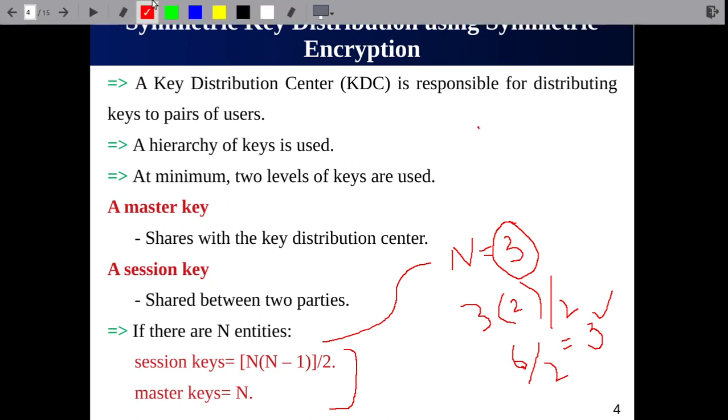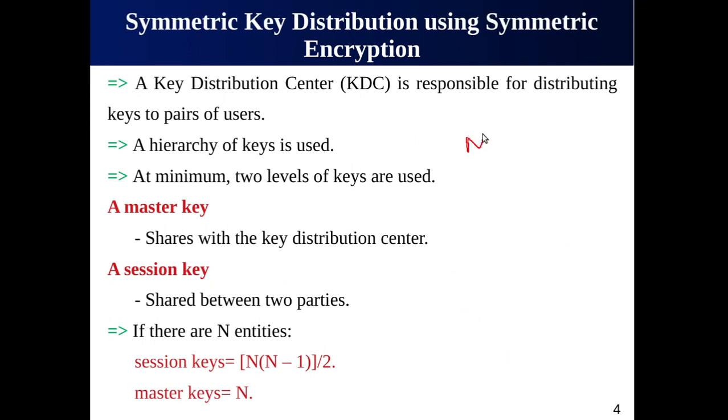Now for example, if n is equal to 4, then in this case the total number of session keys is going to be 4 into 4 minus 1 is 3, and divided by 2, 12 divided by 2, you will get 6.